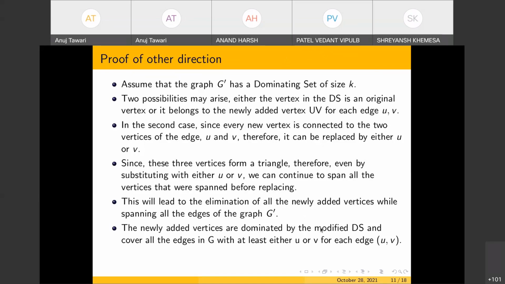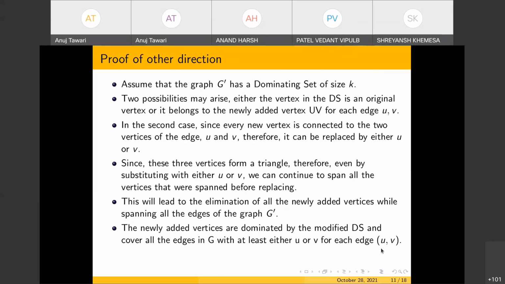So the newly added vertices are dominated by the modified dominating set, and they also cover all the edges in G, with at least either U or V for each edge (U, V). Right? So for every edge, we are including at least one of its endpoints.